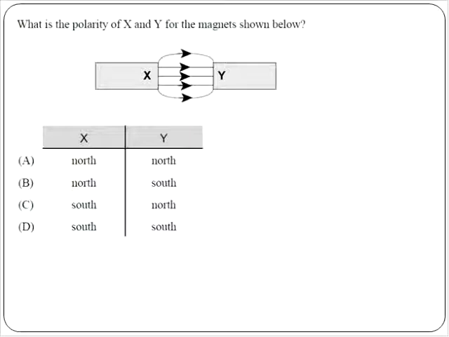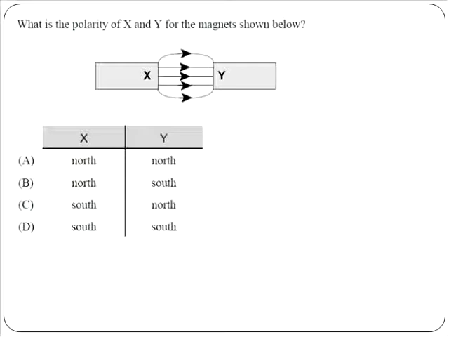So if we were to take a compass and bring it near a magnet, if the north end of the compass pointed away from the end of the magnet, that would tell you that's a north pole, because like poles repel, that would make it point away.